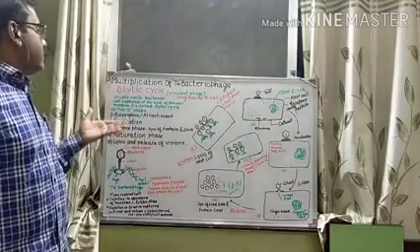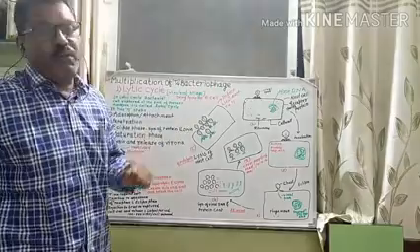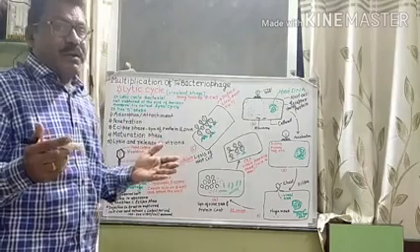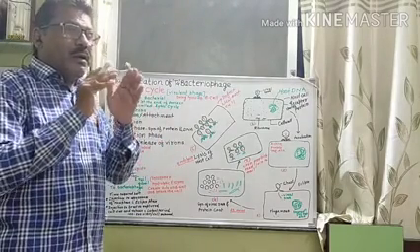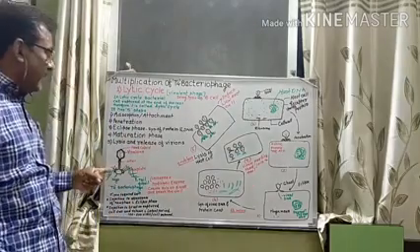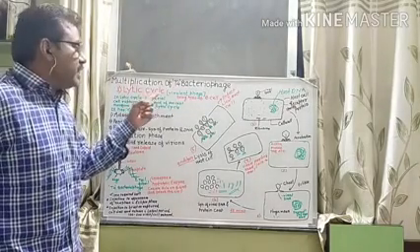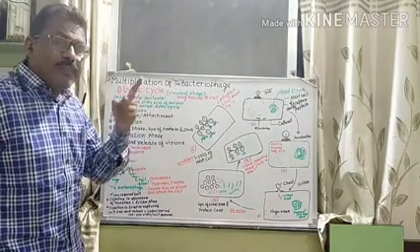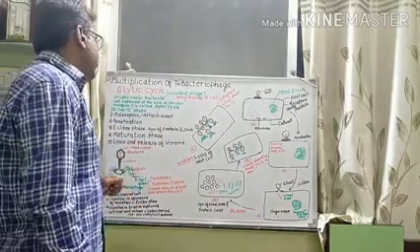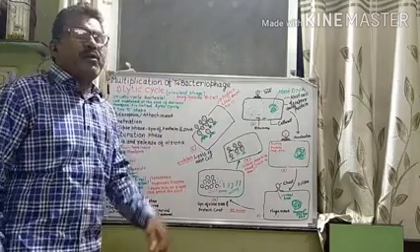In today's period we see the multiplication of T4 bacteriophages, that is, how the reproduction takes place in these viruses. It is also called the life cycle of T4 bacteriophage.